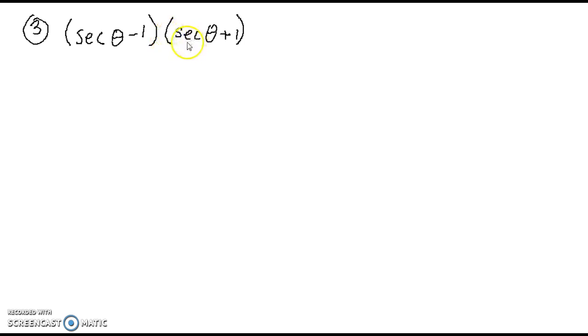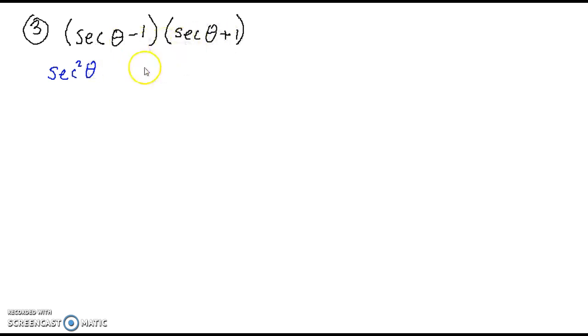All right, let's try another one. Like I said, if you want to pause the video once I have this up, you can try it on your own. We are going to multiply secant of theta minus 1 times secant of theta plus 1. Hopefully you notice that it looks like two binomials, so we multiply them. I get secant squared theta.